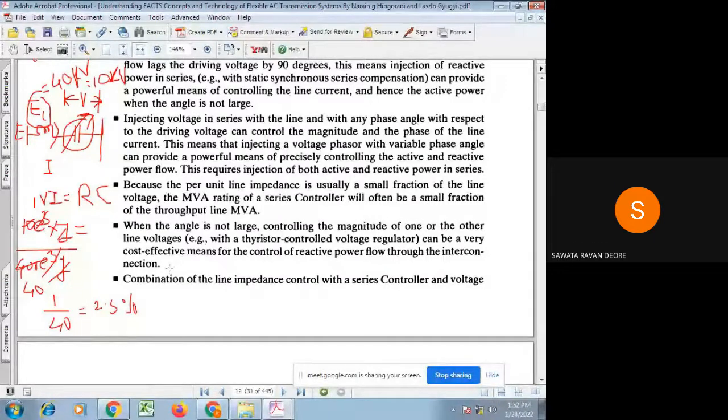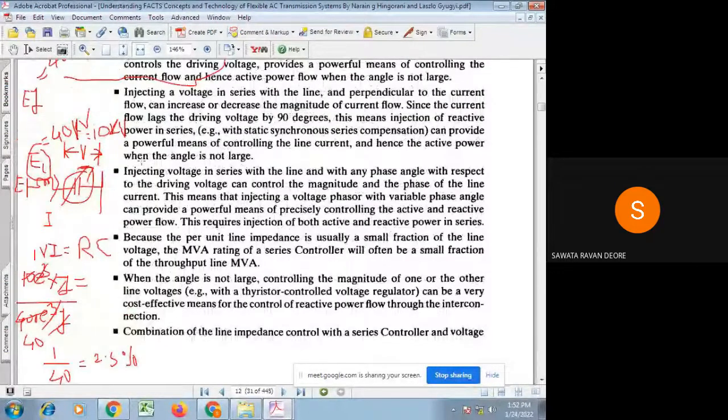Means what? The MVA rating of the series compensator which we are going to use on the transmission line in order to provide the 25% compensation will be only 2.5% of the overall rating of that transmission line.